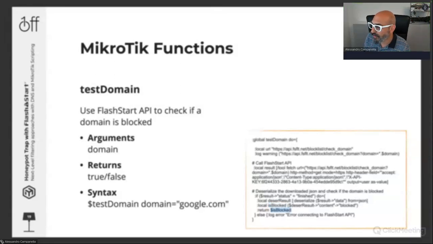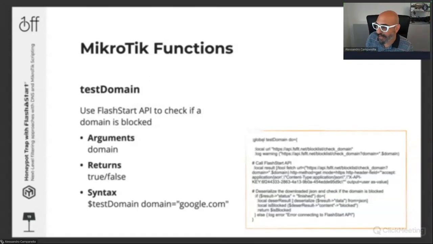And I return this is blocked variable to the script calling this function. Okay, I know it's quite tricky and it's quite complex, but it's a very programming system. I'm trying to show you how it works.